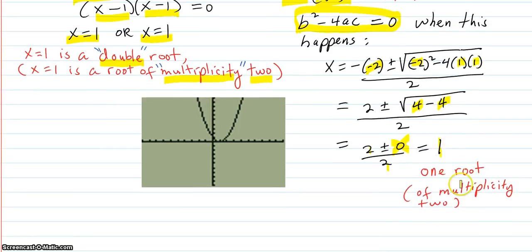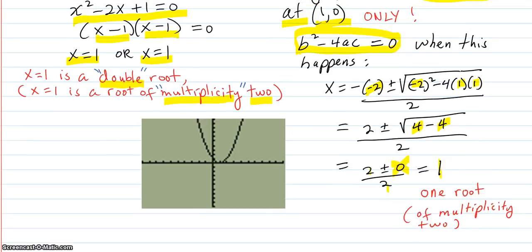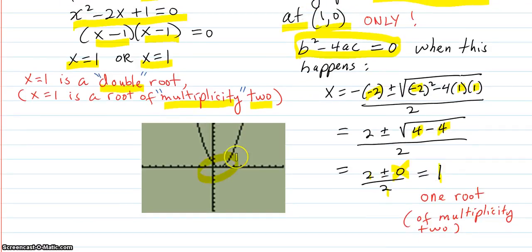So there's one root of multiplicity 2. On the graph, you can see that it really just touches the axis and goes back up right there at 1. You could also have a situation where it would touch and go down if there was a negative number in front of the parabola. So that's all three cases.